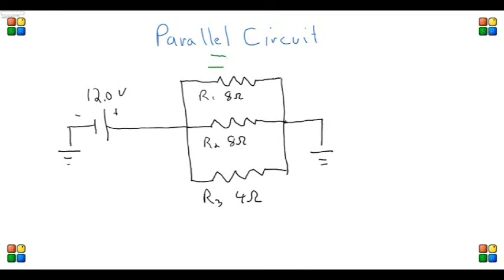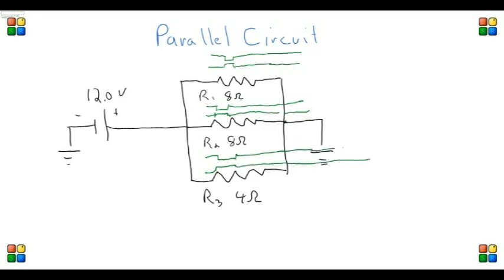Now again, in a more expanded way, we visualize the actual restriction in the circuit. Both 8 ohms should represent about the same restriction, and I'm going to carry this a little bit further in a minute. The 4 ohms is going to be wider. Let's bring them out so we can see what happens when they all meet again.